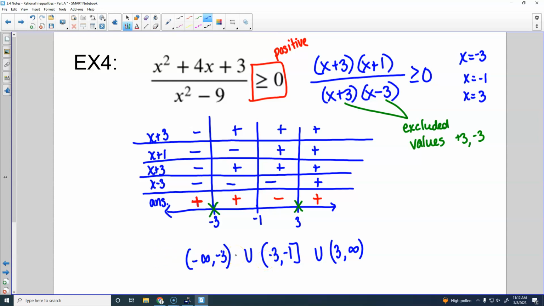If that happens, it is okay to combine that together to make it -infinity to -1. But in this case, that ends up being an excluded value, so you can't do that. You only have to worry about this if you have an or equal to sign. If it is a less than or greater than sign, just parentheses with everything. Don't even think about it because you don't include those values anyway.